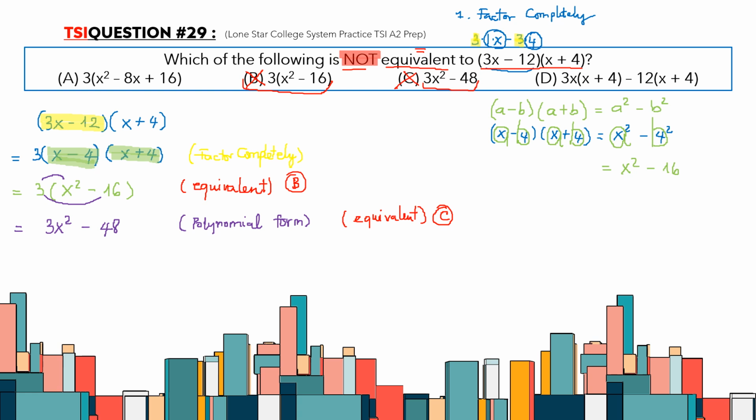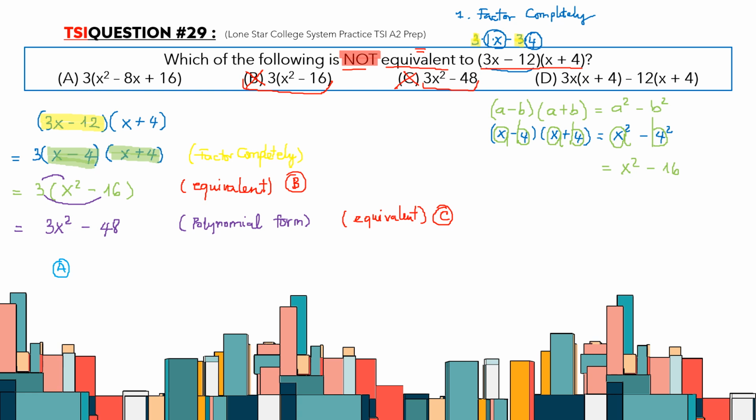So we go from the factor completely form to the expansion of polynomial form. We find out we have answers B and C equivalent to the given expression. So now A and D, you can try working on it. So let's try A, okay? For A, we have 3 multiplied by x squared minus 8x plus 16.